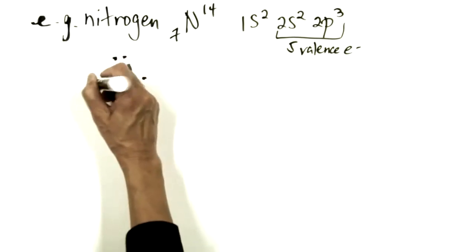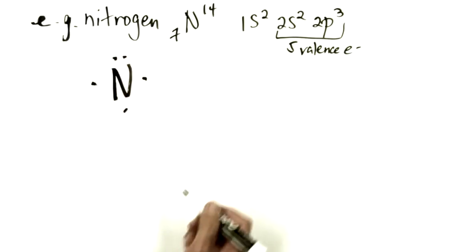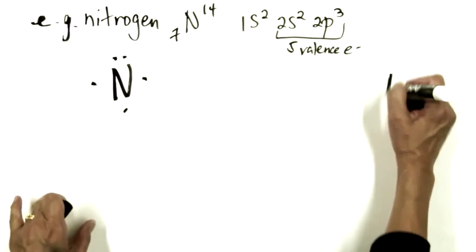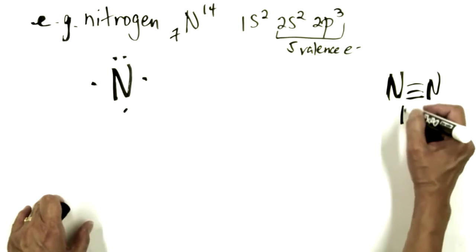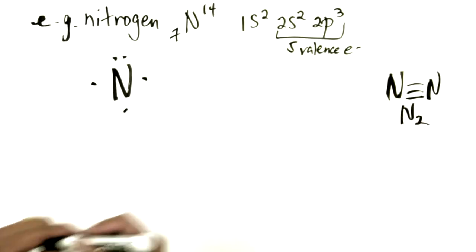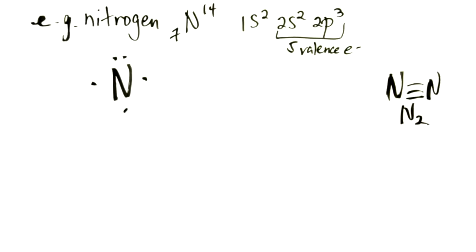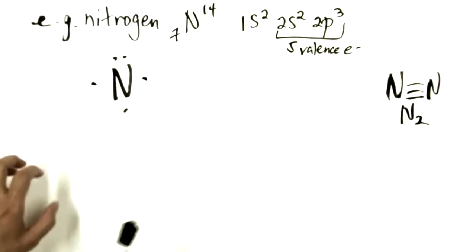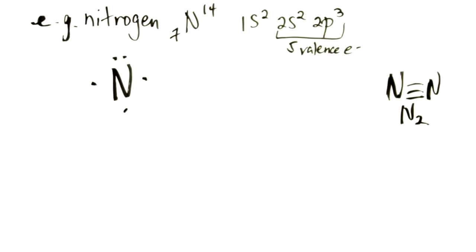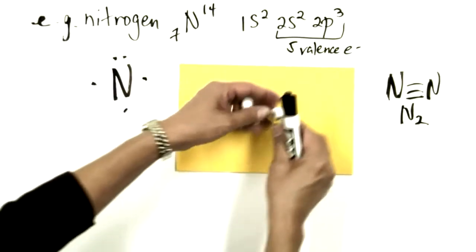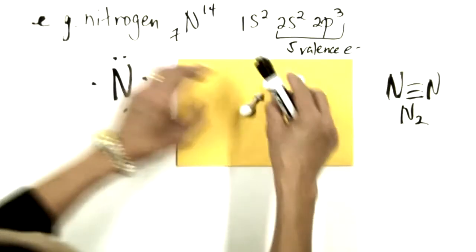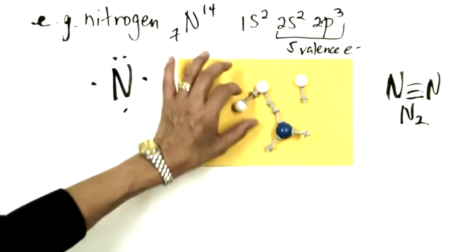Earlier on, we had an example where we had nitrogen combining with itself, and we have nitrogen with a triple bond N, and that is your N2, or your nitrogen gas. So this time, let us look at the possibility of nitrogen combining with hydrogen. So these are your hydrogen atoms, and this is the nitrogen atom.